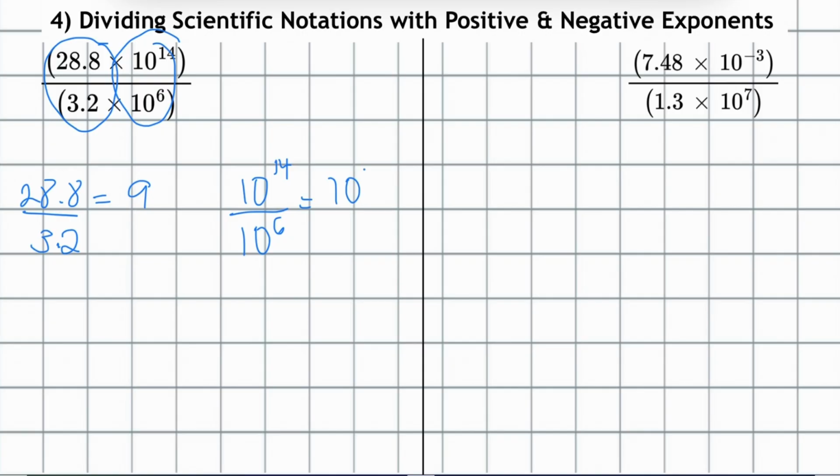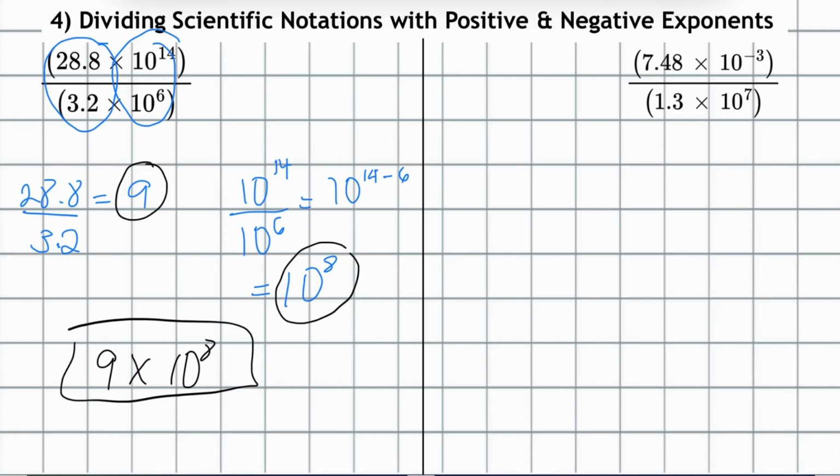So that's going to be 10 to the 14 minus 6, which gives us 10 to the 8. Okay, so this is part of my answer, and this is part of my answer. And the way I'm going to combine that is 9 times 10 to the 8th. That's my scientific notation value. As easy as it can get.